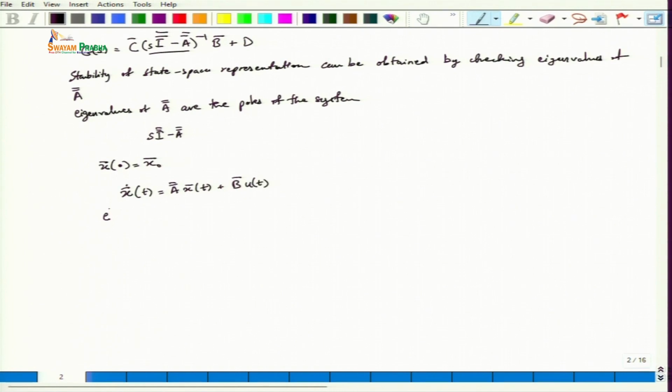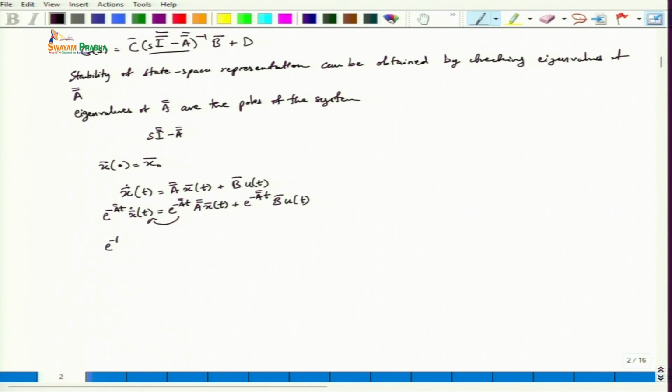So, for the solution, let us multiply this by e to the power negative At throughout, and once we do that, we can pull this part here.